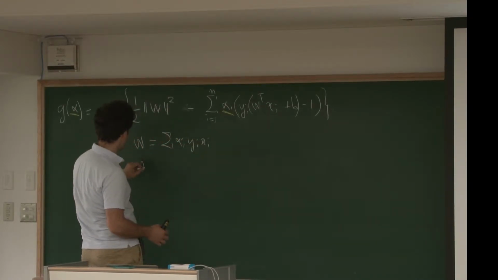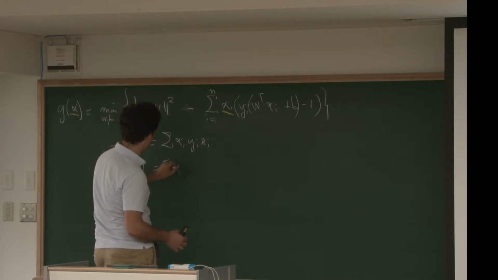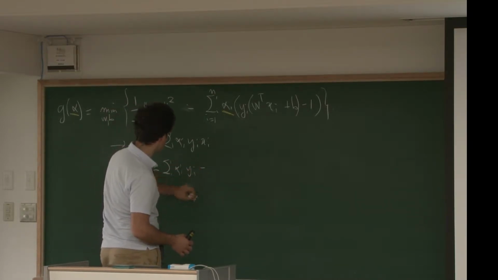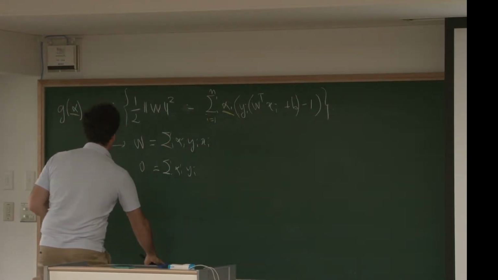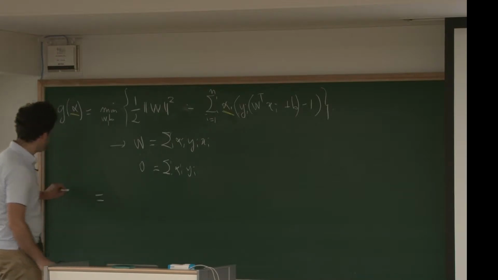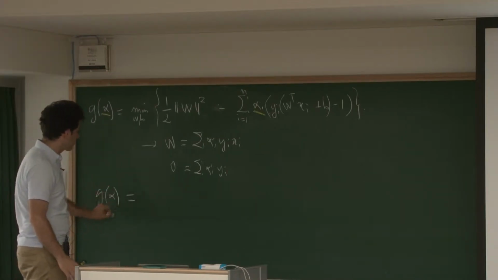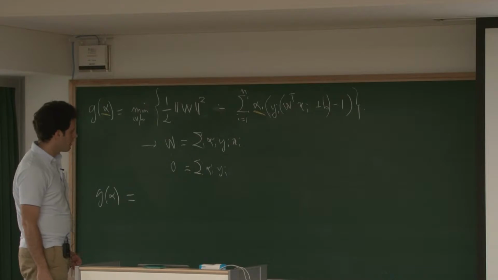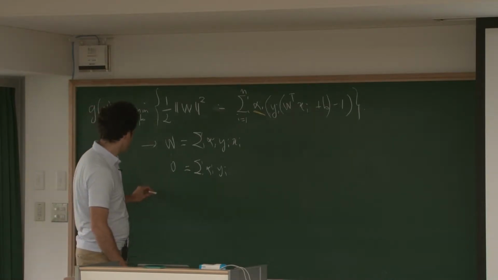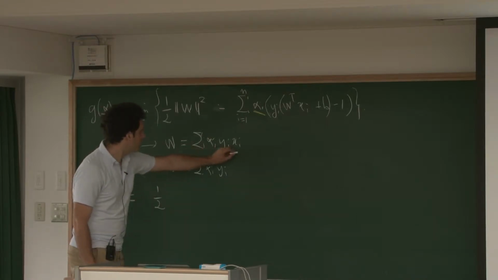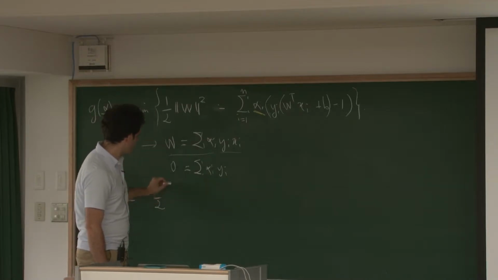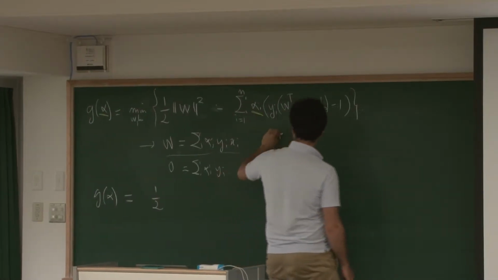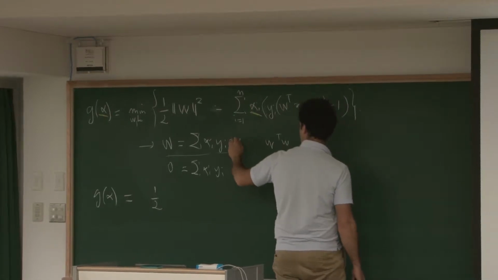And then we also have that the sum of alpha i, yi is equal to 0. So let's just fit this into this term. Then we have the G of alpha here is going to be equal to, I'm going to write the sum, this norm here is going to be W transpose W, okay?